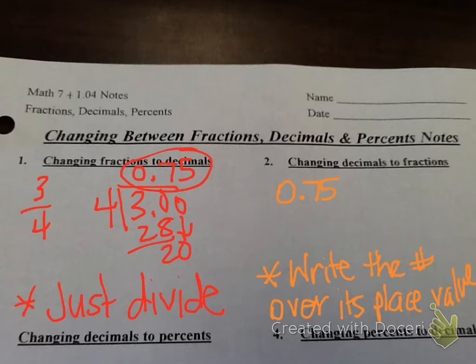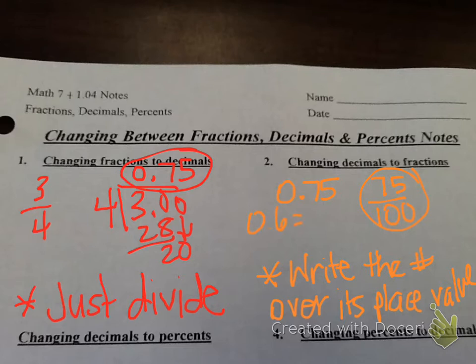So, for example, we have 75 as our number, and this is 75 hundredths, so that would be 100, and we have 75 over 100. It can be reduced, but just initially, to get a decimal to a fraction, we write our number over its place value.